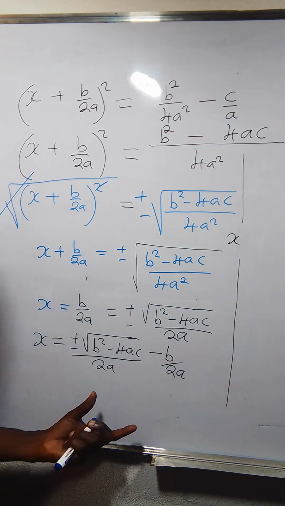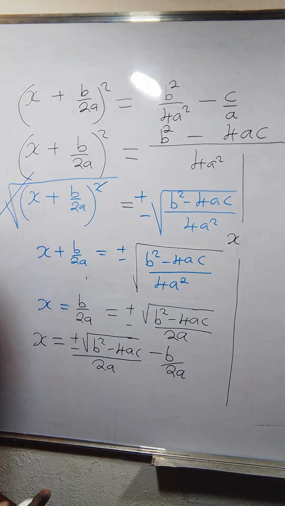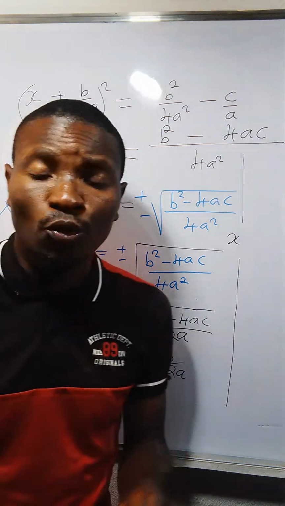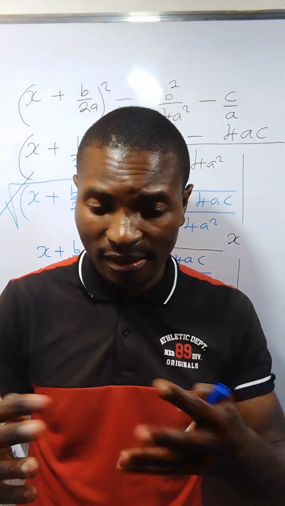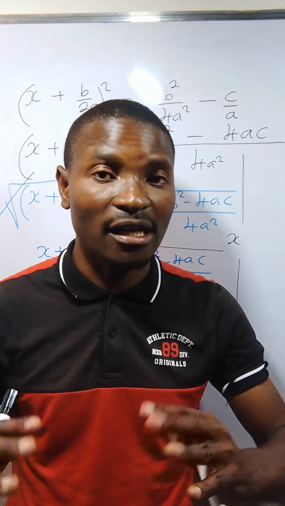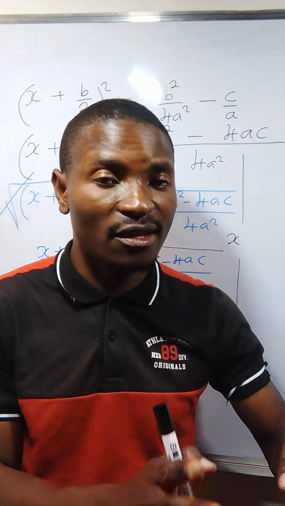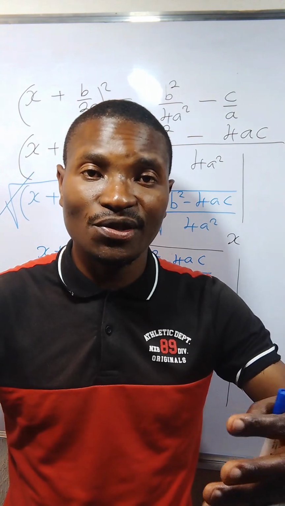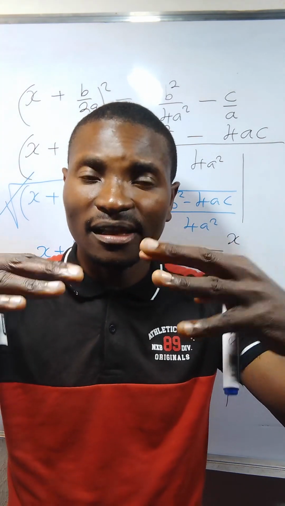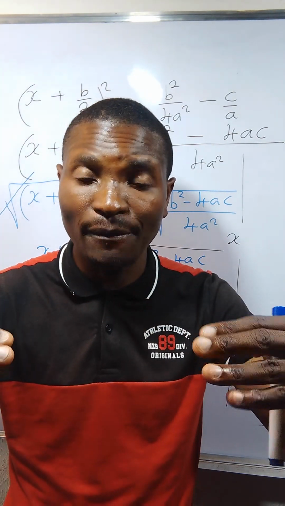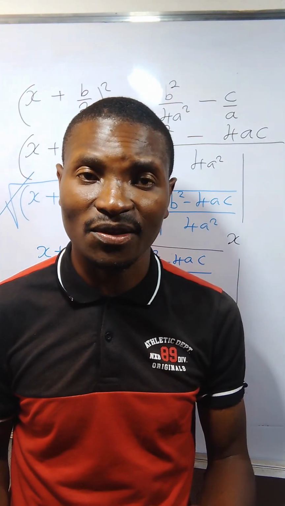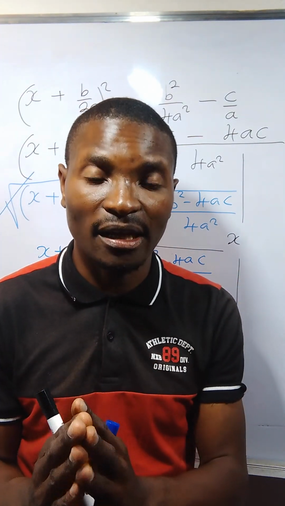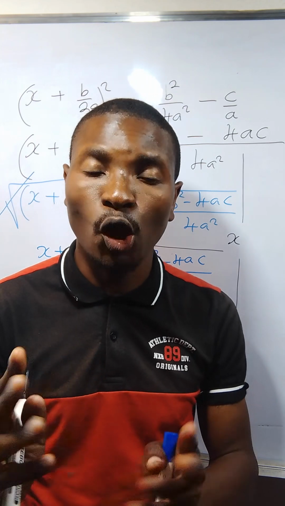Now once you do that, you can see at the bottom that the denominator 2a and 2a in the square root part are just the same. So what you do is you get the numerators at the top, put them together, and pick one common denominator.